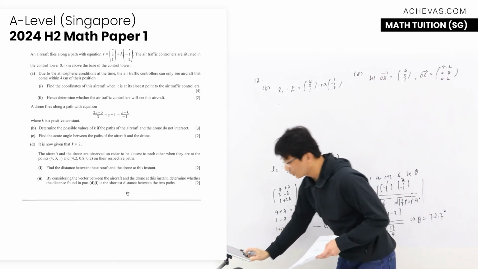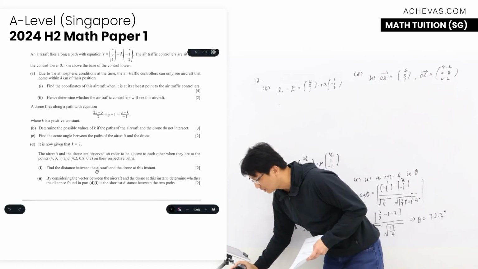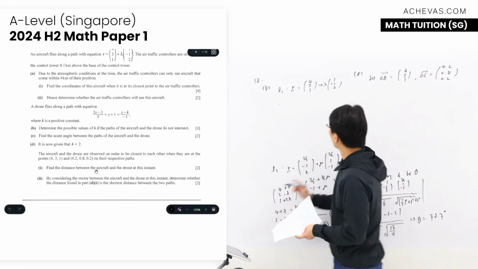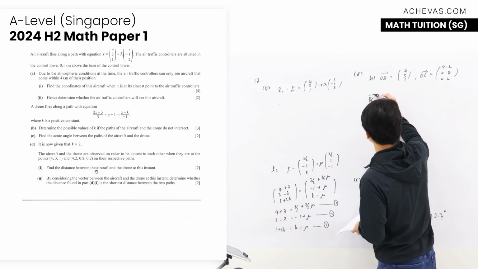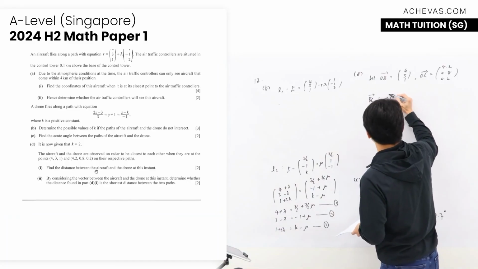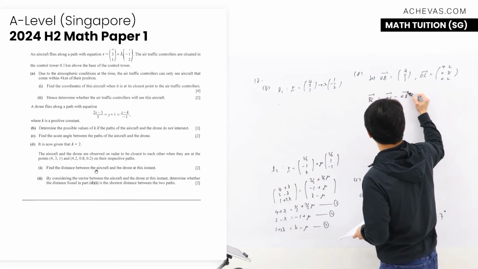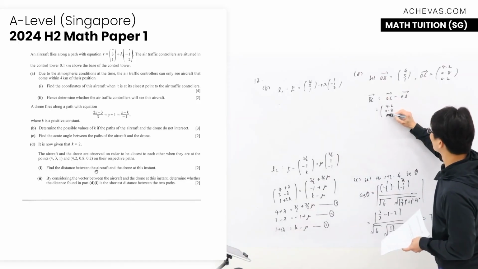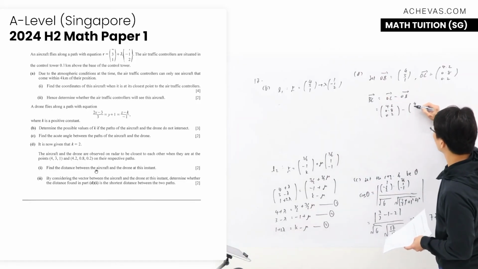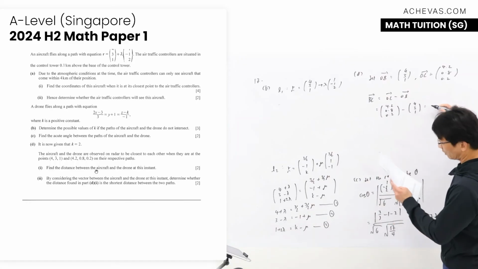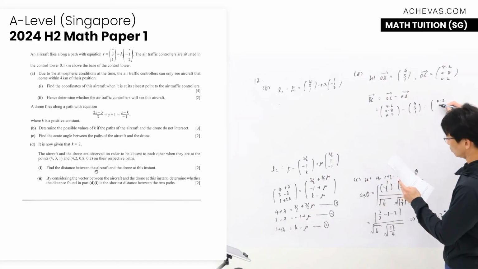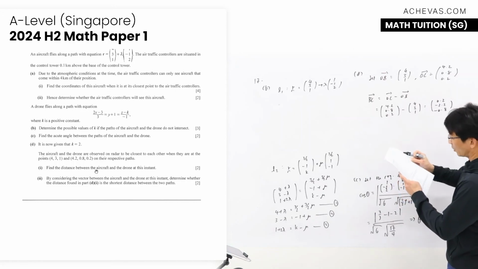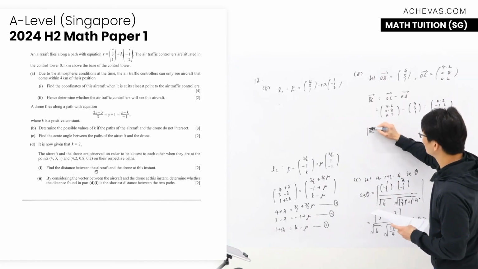Since the first part of the question wants us to find the distance between the aircraft and the drone, we're going to find BC first. BC will just be OC minus OB, which is (4.2, 0.8, 0.2) minus (4, 3, 1), which gives me (0.2, -2.2, -0.8). I'm going to find the modulus of BC.